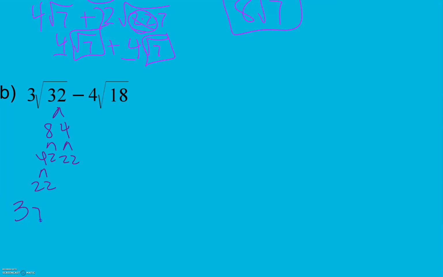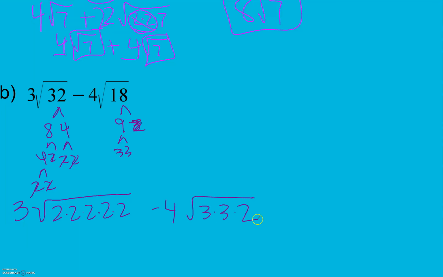So here I have 3 times the square root of 1, 2, 3, 4, 5 twos. 9 and 2 here, 3 and 3. And now we look for pairs. Pair of 2's comes out as a 2.